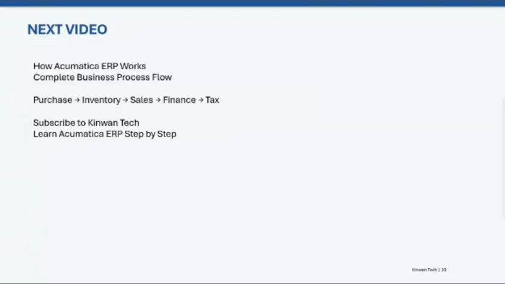We will be able to carry out transactions in Acumatica, a complete business process flow, where we'll create a purchase order, get the stock item in the inventory, then create a sales order and generate a sales invoice. We can apply a credit note, see how the finance area is affected, then check the tax calculation, and then we should be able to learn forward.